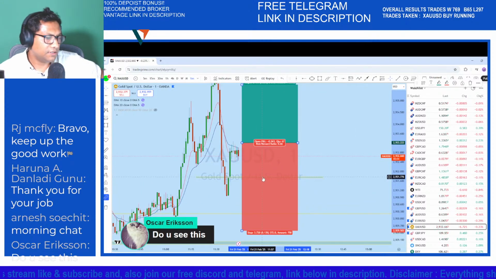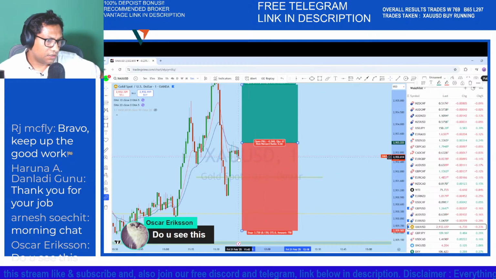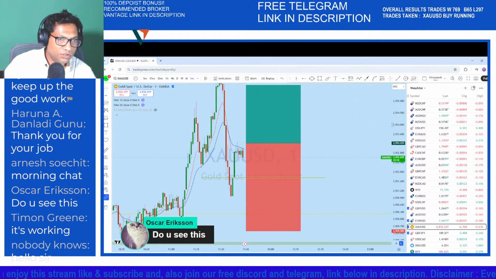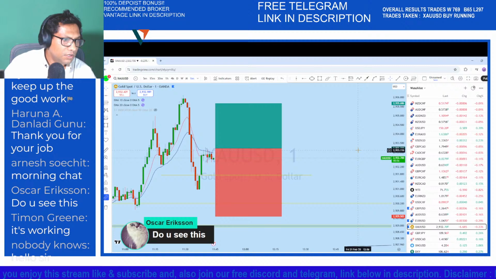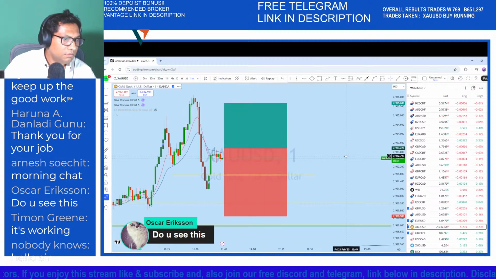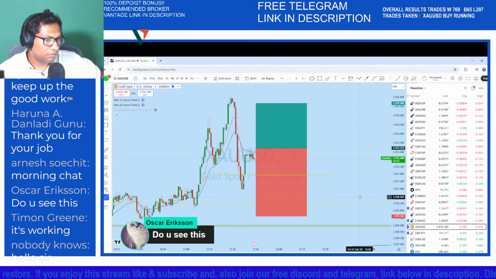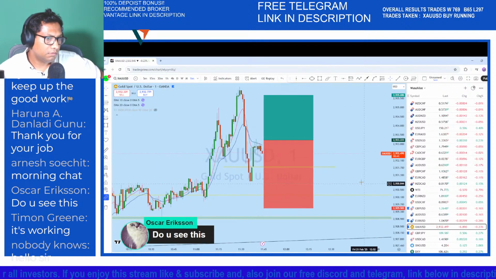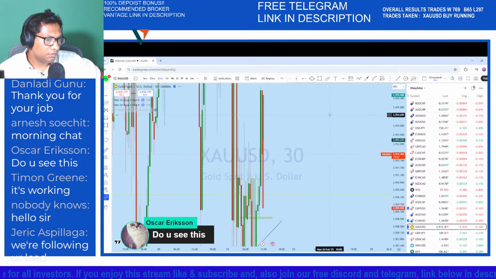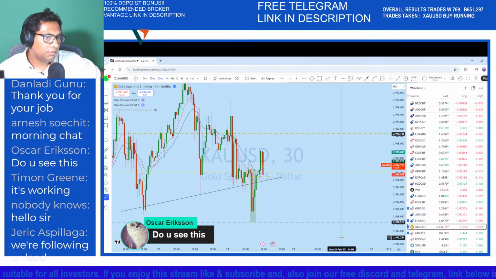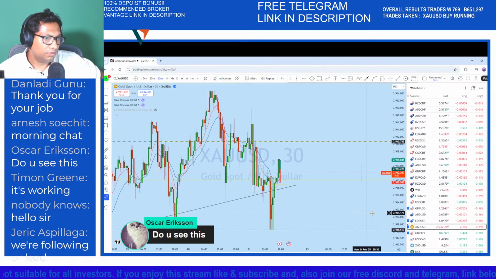Now here is quite a few narrow candle formation, which is trying to break below.